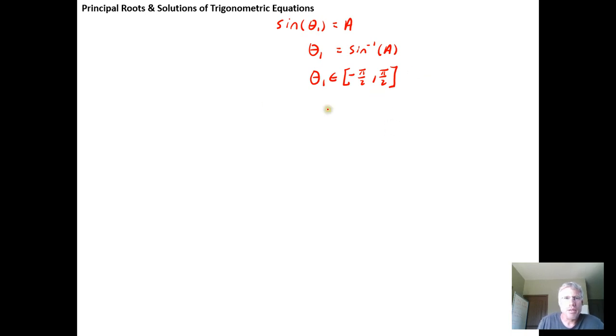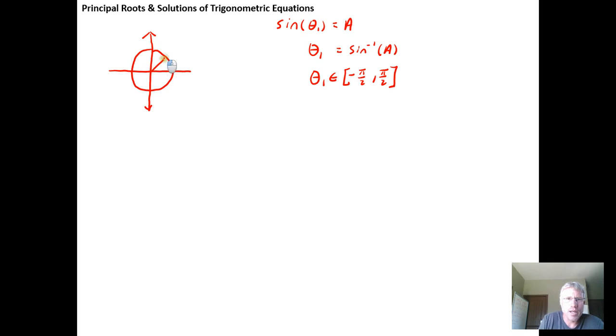So if I think about what's going on, I have on the unit circle found a solution, an angle that gives me a side ratio of A. I have found a solution on the unit circle. I have found an angle theta 1 between negative pi over 2 and pi over 2. So let's suppose we're in quadrant 1, we're between 0 and pi over 2.